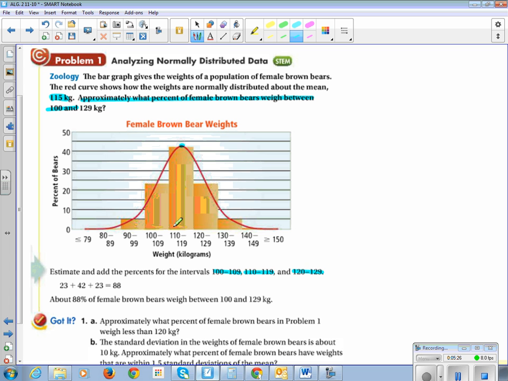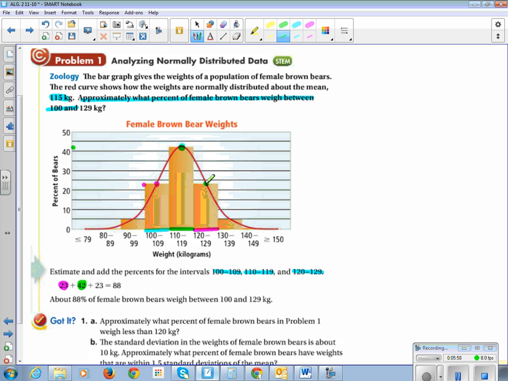So let's look on the graph. So that's here. That is here. And that is here. So we get this data point right here, which is about 23. We get this top data point here, which is about 42.